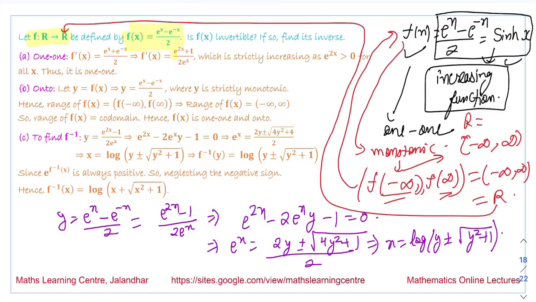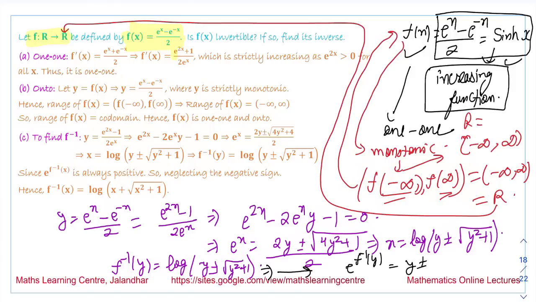So the value of f inverse of y is equal to log of y plus minus square root of y square plus 1. Now if we consider the value of e raised to the power f inverse of y, the answer we will have is y plus minus square root of y square plus 1.